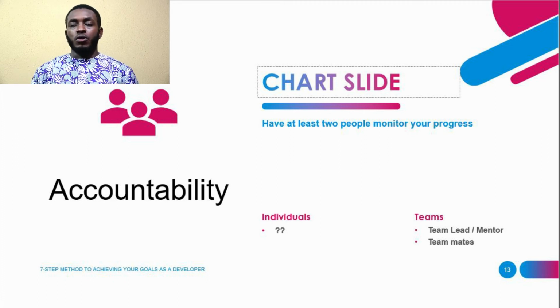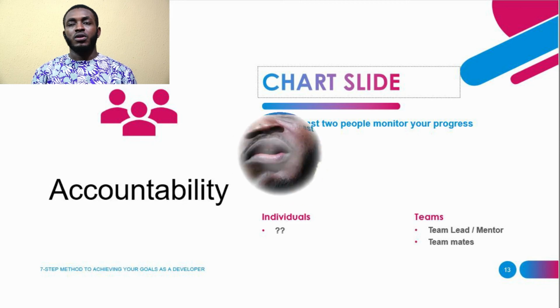But for an individual developer, that's not the case. So if you're an individual developer and you don't have a team lead, team mentor or teammates checking you out, one thing you want to do is to get at least 2 people to monitor your progress, people that will ask for regular reports and people that you can report to. All right, so those are the 7 but 8-step method to achieve your goals as a developer.